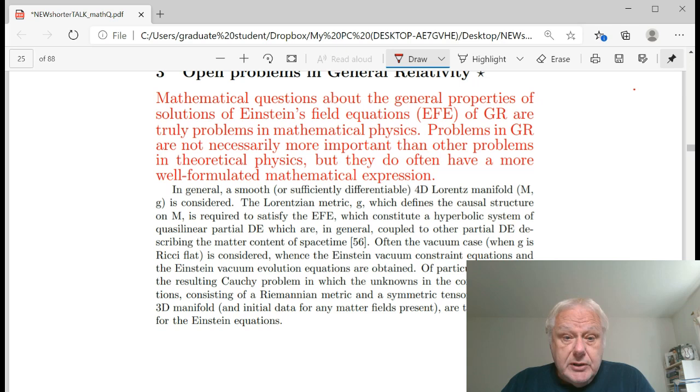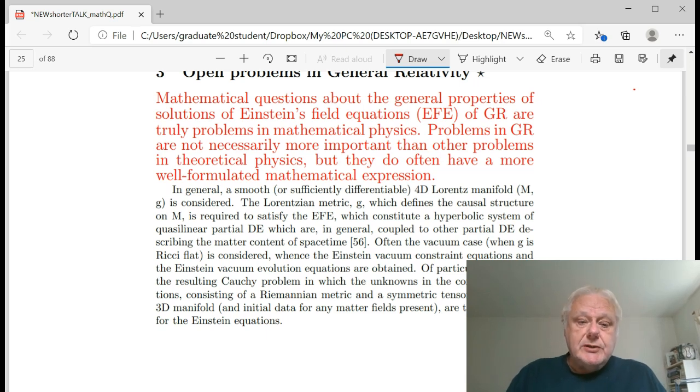And the Einstein field equations constitute a set of differential equations that govern the fields, the metric and any matter fields, and they constitute a hyperbolic system of quasi-linear partial differential equations. Of particular interest, and this is normally done in the vacuum case when there's no matter, is the so-called Cauchy problem and setting up a well-posed initial data problem.